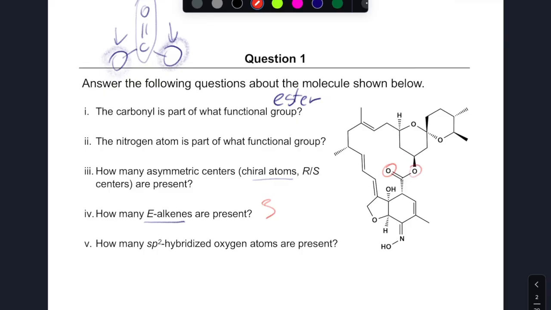Remember, there's a delocalization over here as well, so this one also potentially has that. The only other one, this guy right here, there's a resonance isomer where that will also be delocalized into it. So there's a total of 1, 2, 3 oxygens with sp2 hybridization. This one is not, this one is not, this one is not, because there's no resonance contribution by the lone pair.